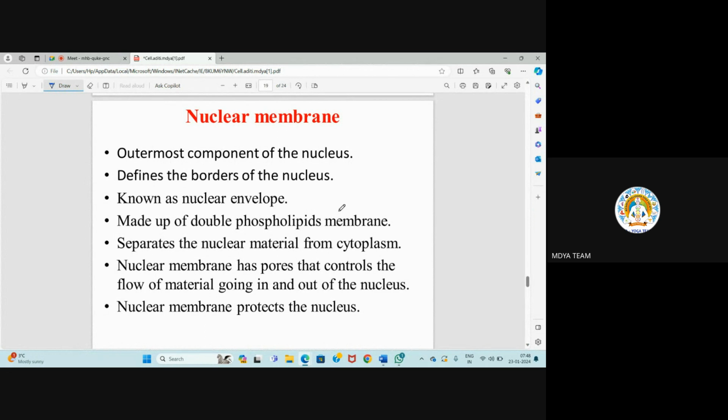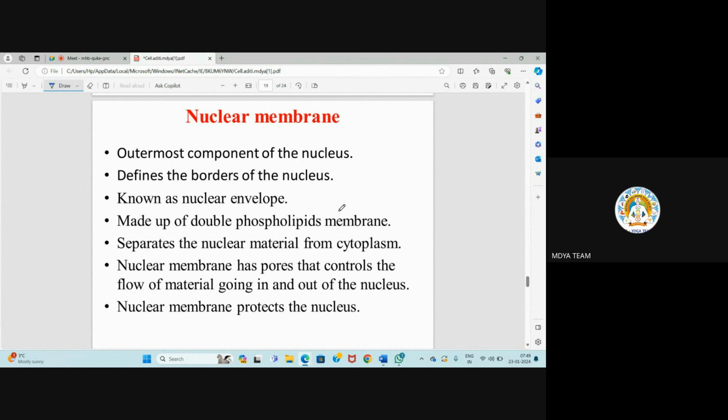And now, it is made up of double phospholipids membrane. Here, in a nuclear membrane also, we can see the same covering of phospholipids. Do you remember the cell membrane? Yes, ma'am. So what was the covering of cell membrane? What was the cell membrane containing? Phospholipids and protein.